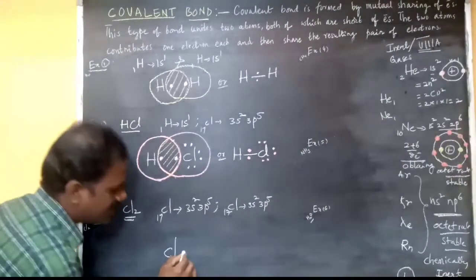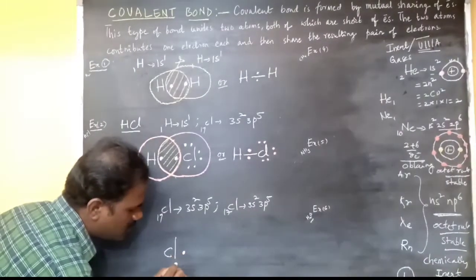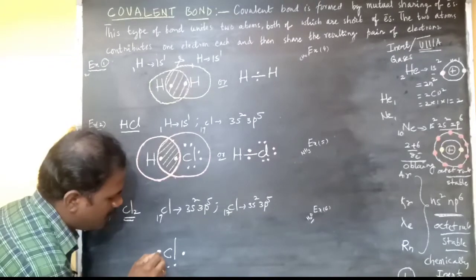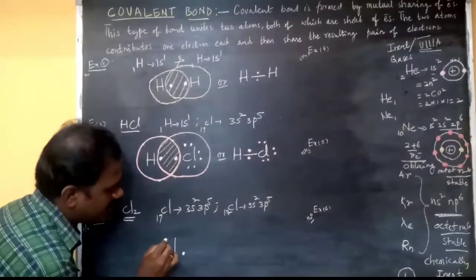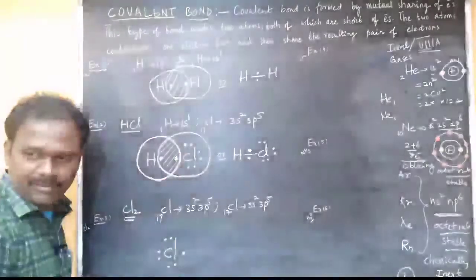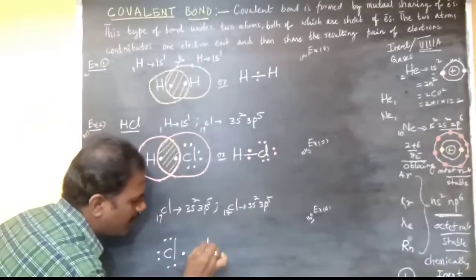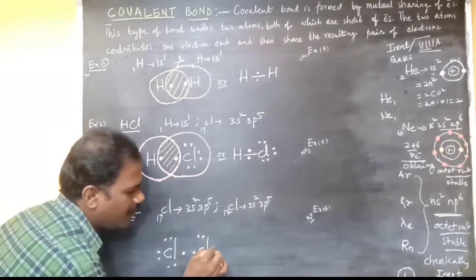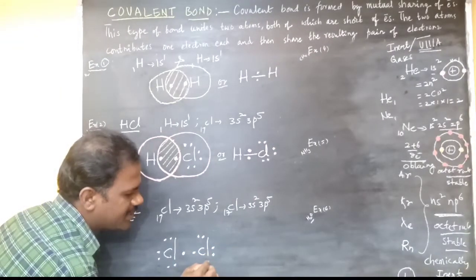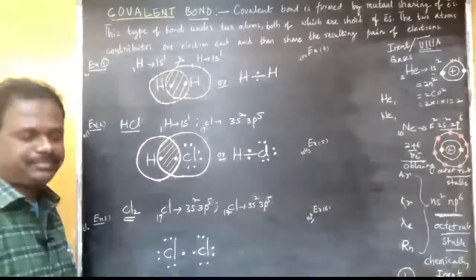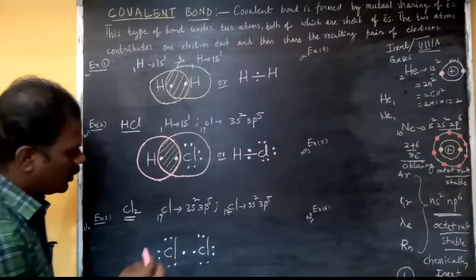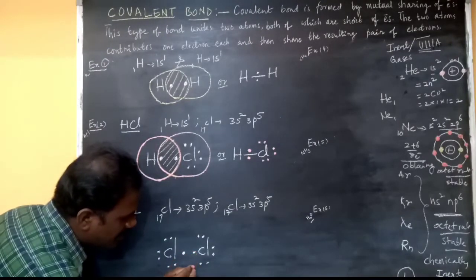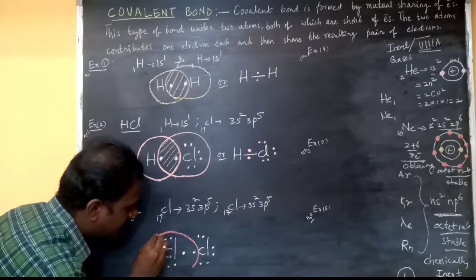So 1, 2, 3, dot, 4, 5, 6 and 7, and another chlorine atom likewise, 1, 2, 3, 4, 5, 6 and 7. Now, right sir, a bond forms in this manner.